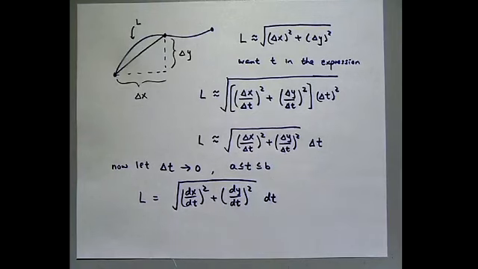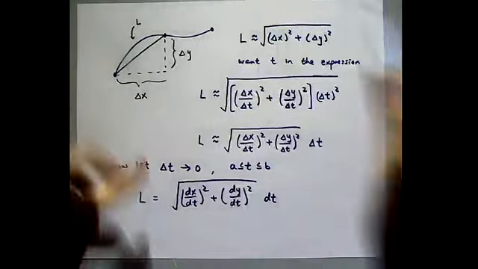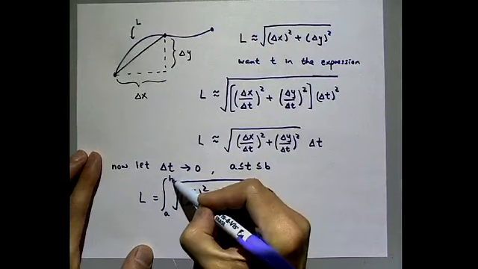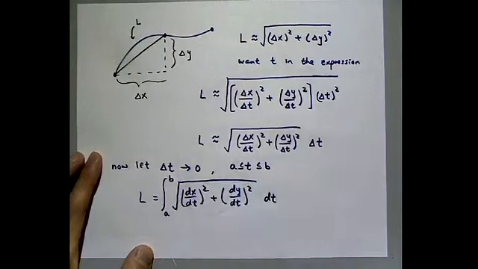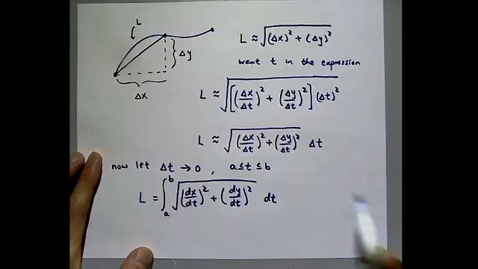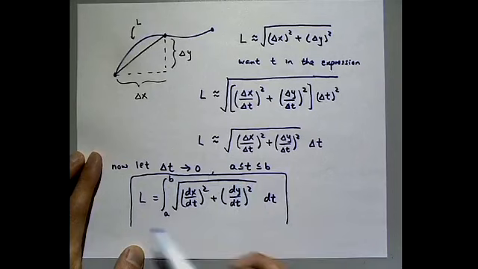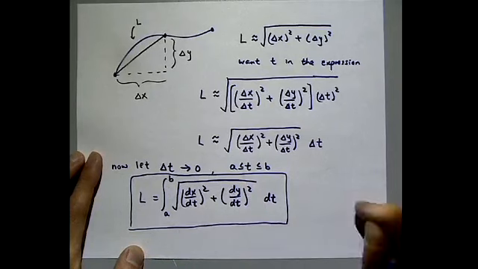That's going to give us one segment. If we want the whole thing, then we integrate over the time, right? A to B. So I start at time equal to A, and end at time equal to B. So there we go.